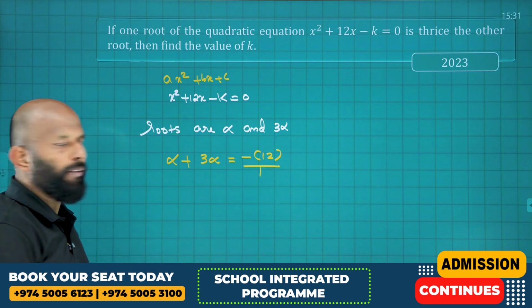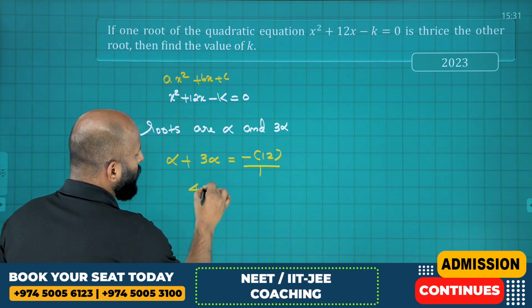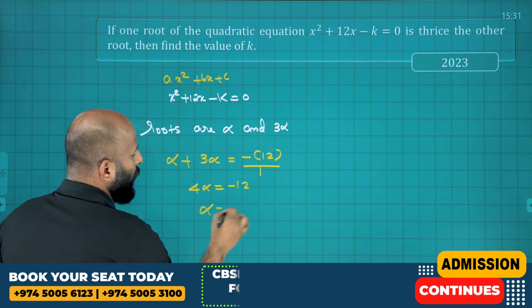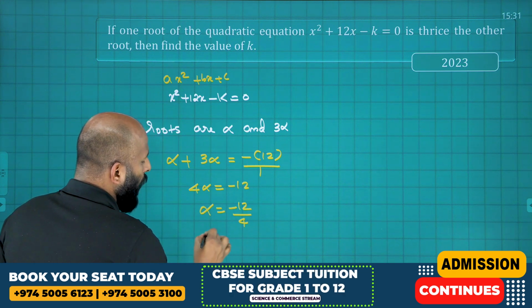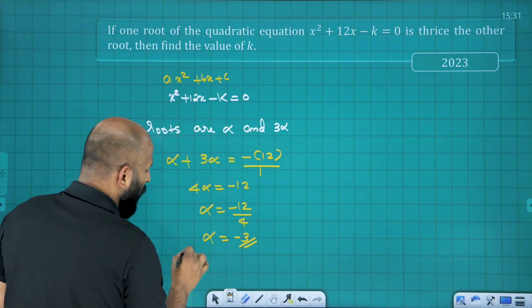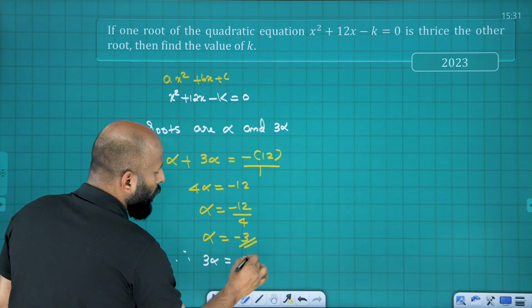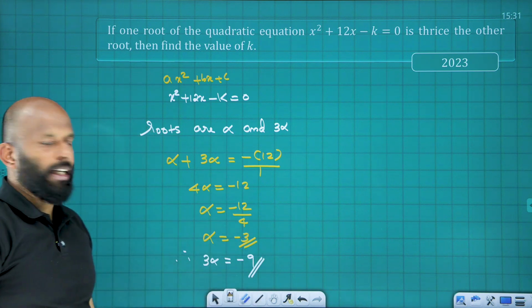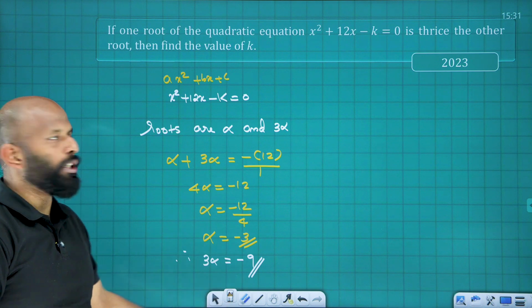So 4 alpha is equal to minus 12. Alpha is equal to minus 12 divided by 4. Alpha is equal to minus 3. If alpha is minus 3, then 3 alpha is equal to negative 9. So here we got the roots: minus 3 and minus 9.